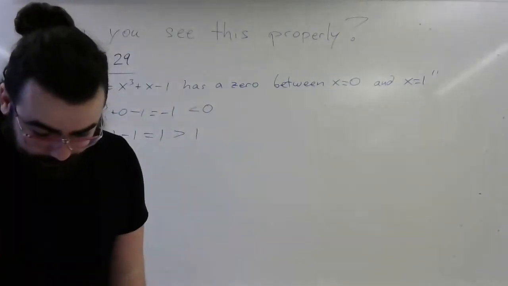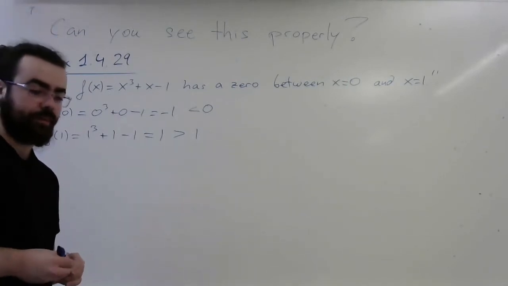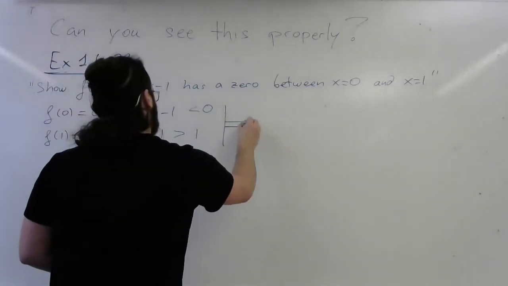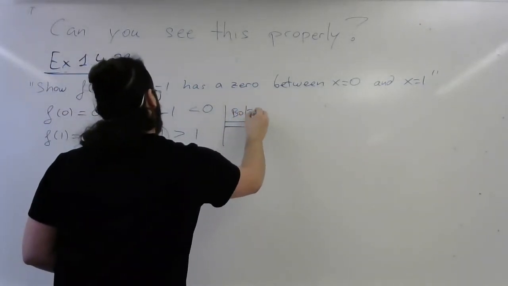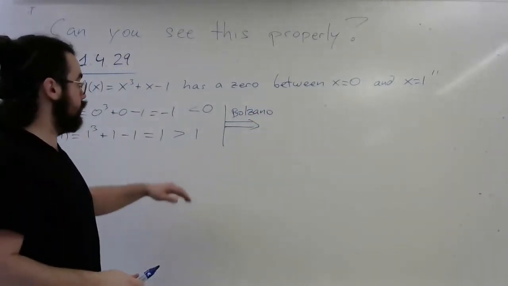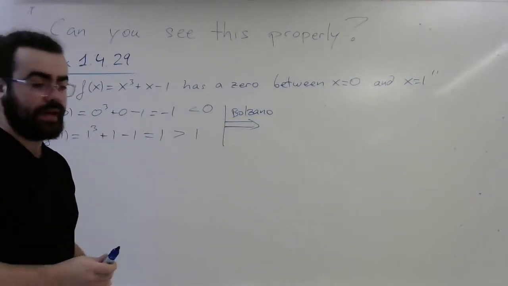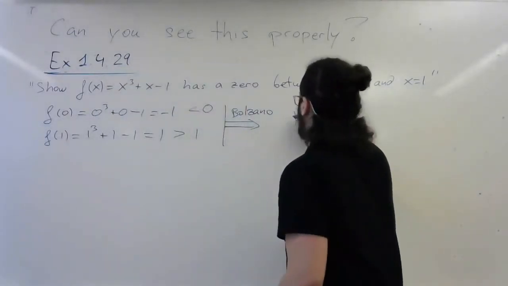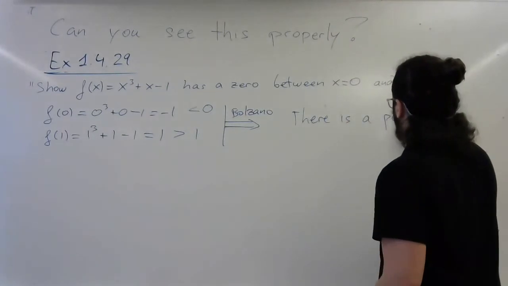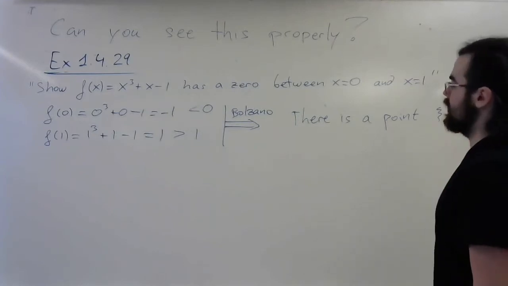It's called the intermediate value theorem, also known as Bolzano's theorem. And it says that if a continuous function goes below 0 and above 0, it crosses 0 at some point. We can call it, I don't know, like this.